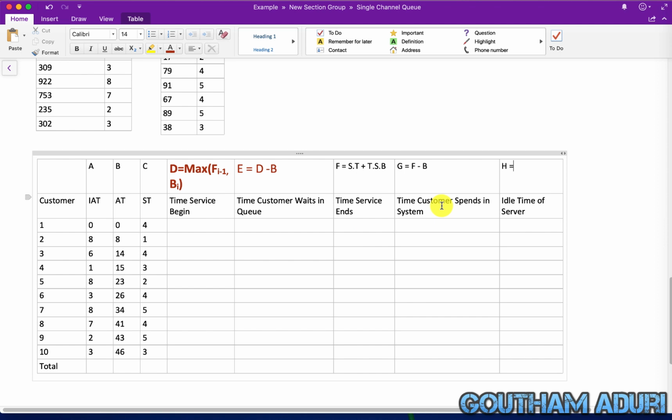So I can say it's D I minus time service ends F I minus 1. I'll just increase these sizes. Okay.